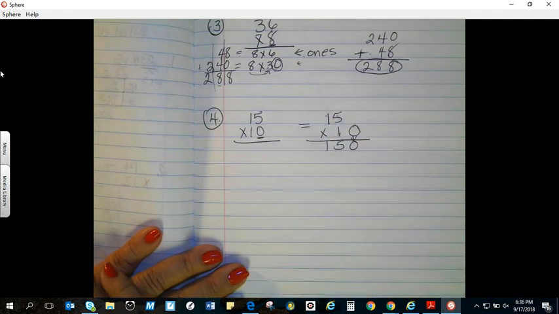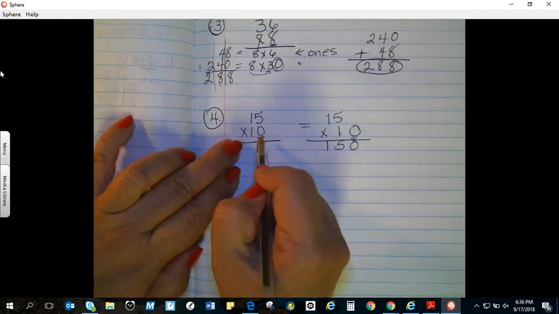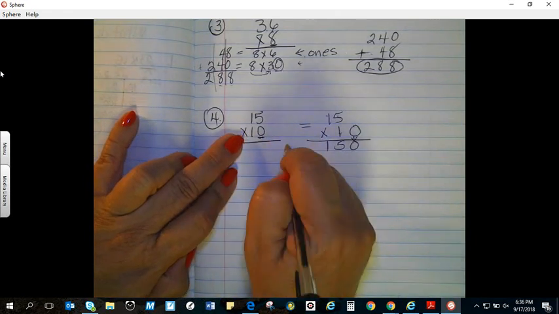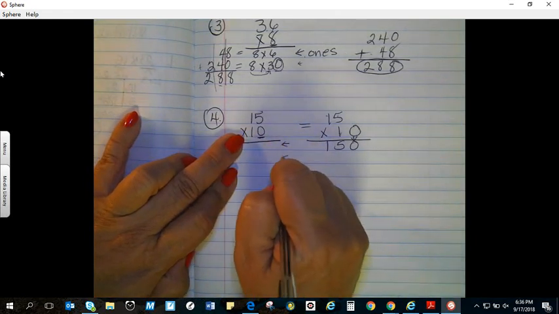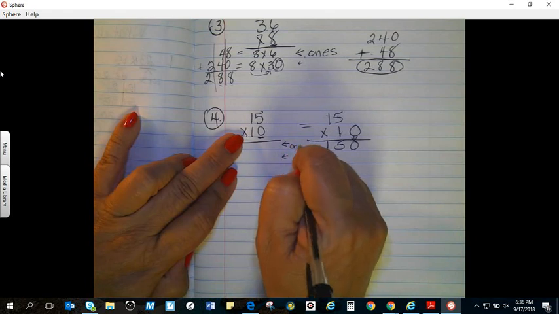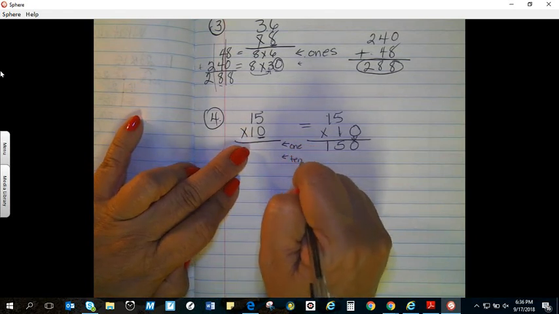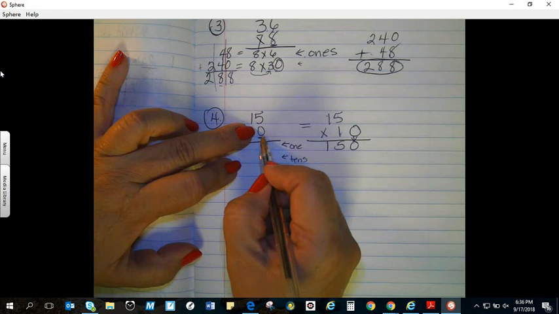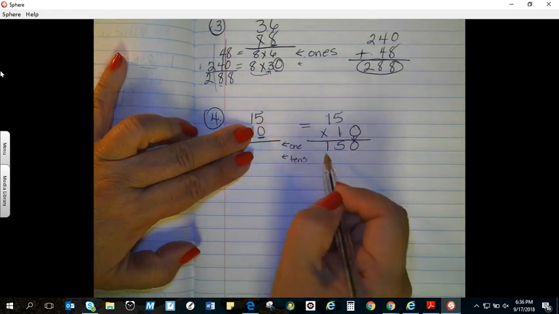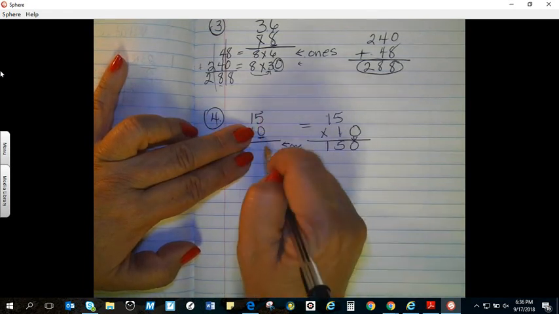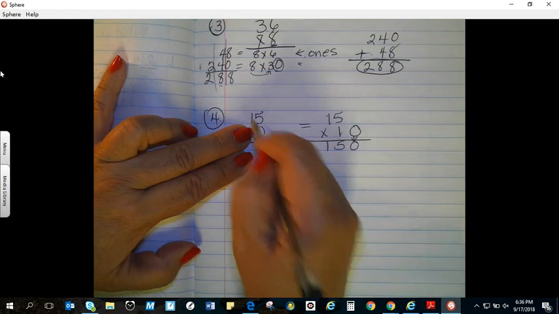Now take a look at the same thing. Again, remember, there are 2 place values here, so you're going to have 2 place values here. This is your 1's, and this is your 10's. So let's look at my 1's. Remember I said that anything multiplied by 0 is 0? 0 times 5 is 0. 0 times 1 is 0.